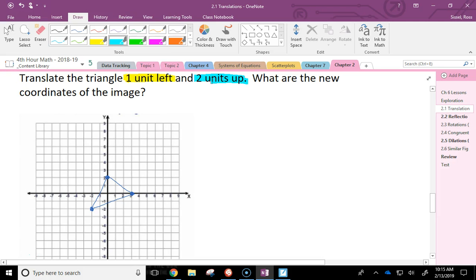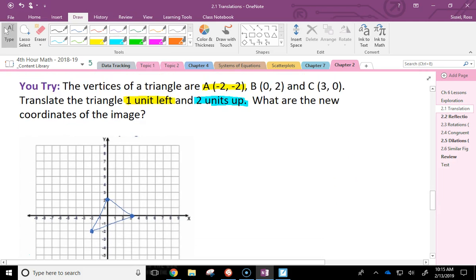So here's my 3 points. A was negative 2, 2, B was 0, 2, and C.